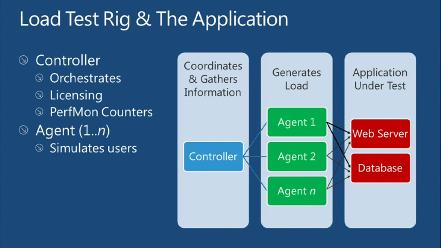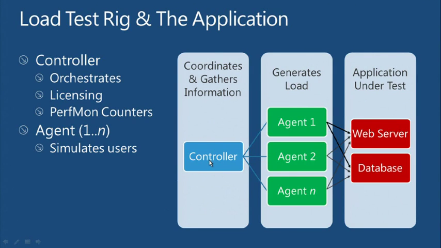And for that controller, there's going to be one or more load test agent machines. So those agent machines are responsible for actually generating the load. So they're going to generate the HTTP requests that come off of that, and they're going to hit the application under test. So then we've got that load controller. The load controller's hanging out in the background, talking to these agents, making sure that they have stuff to do.